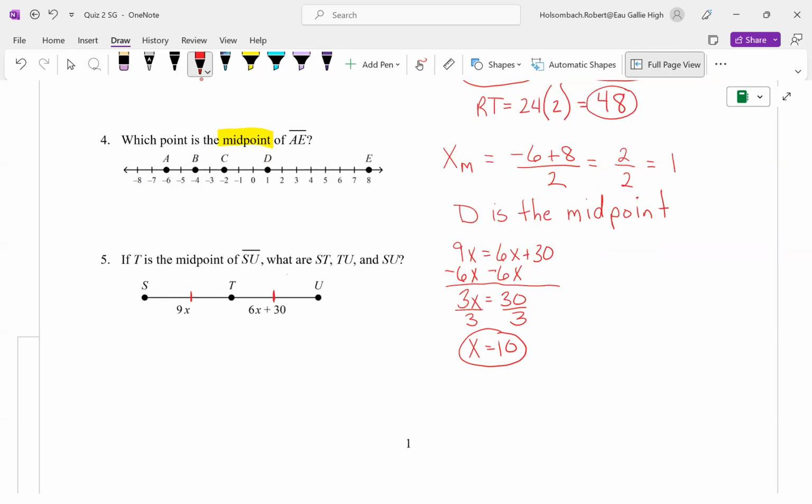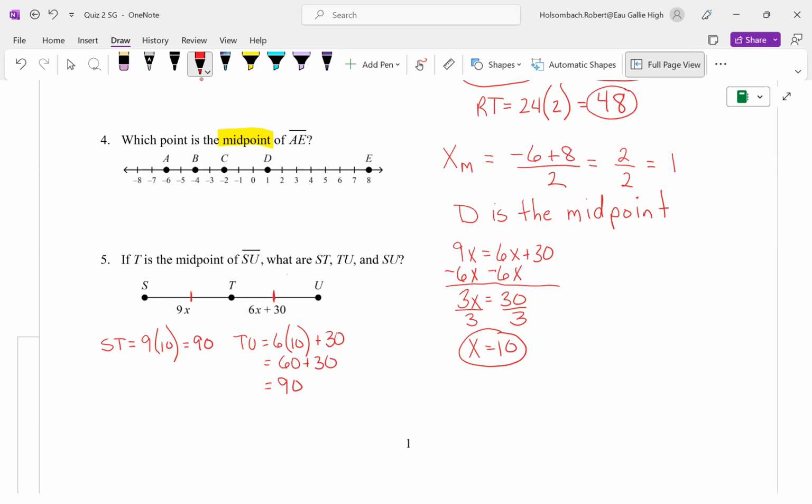So I'm going to go back to S to T is going to be equal to 9 times 10, which is 90. T to U is equal to 6 times 10 plus 30, which is 60 plus 30, which is 90 as well.